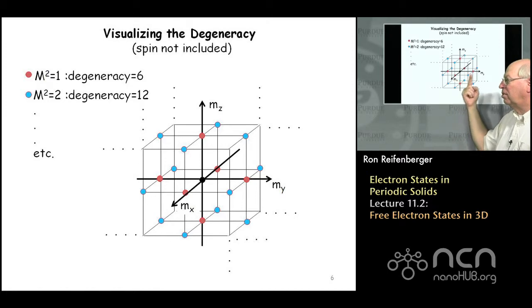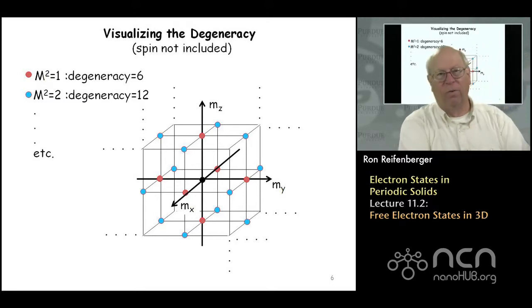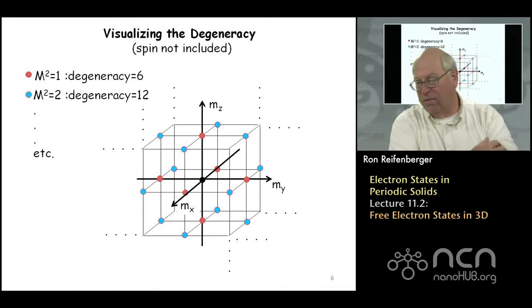And you can see that these 6 red dots that I've got drawn here happen to fall on the values of m sub x equal plus minus 1. So here's plus 1, here's minus 1, here's m sub y equal to plus minus 1, here's the plus 1, there's the minus 1. M sub z could be either plus minus 1, so here's the minus 1, here's the plus 1. All of those states indicated by these quantum numbers being occupied, they all give rise to the same energy, and it indicates that without spin, that state is 6-fold degenerate.